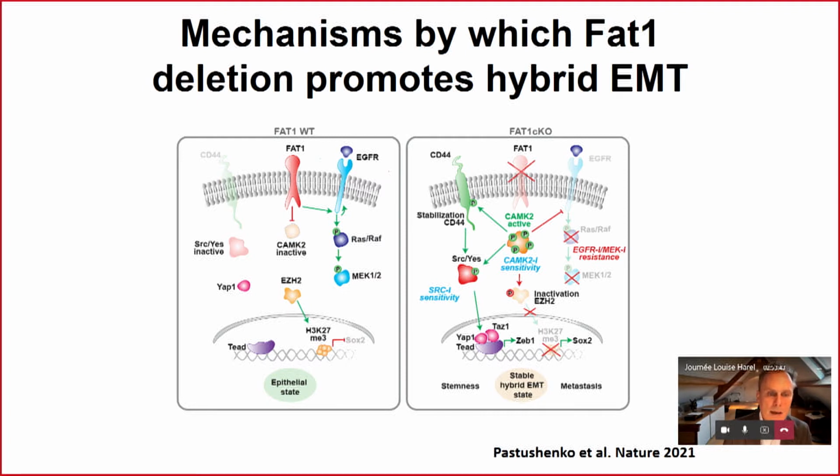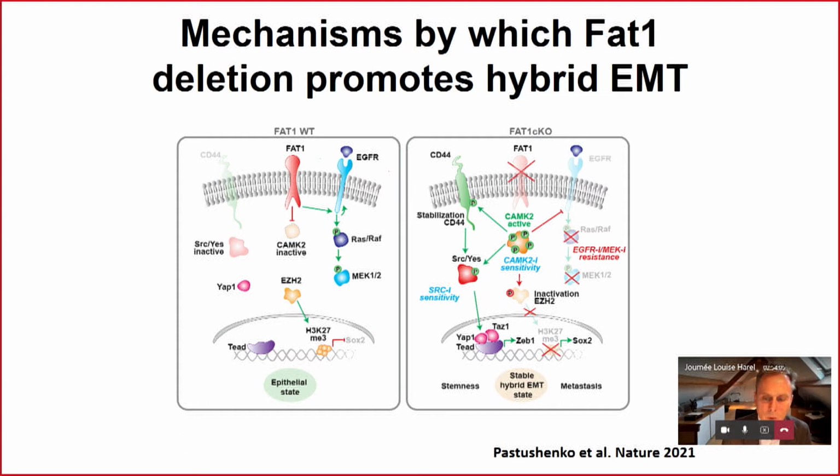And we really nailed down the whole signaling cascade that leads to the activation of this stable EMT state. And we found that calmodulin-dependent kinase 2 gets activated, phosphorylates Src and Yes kinase, which in turn were important for the translocation of YAP and TAZ to the nucleus and the activation of ZEB1 expression.